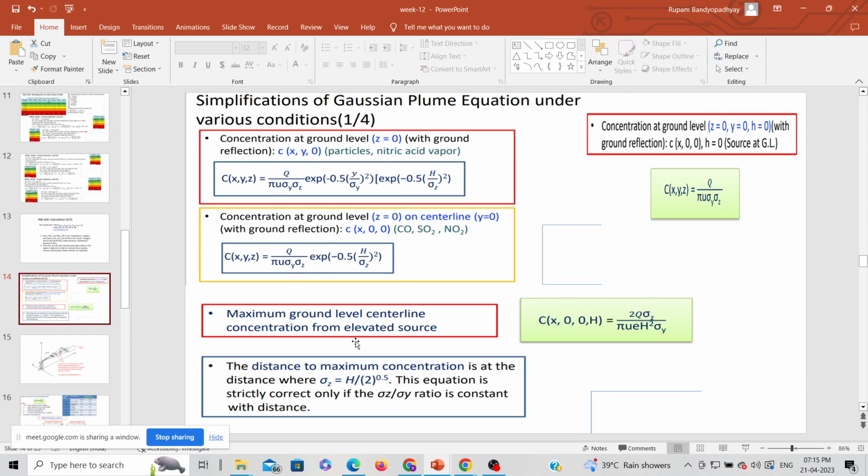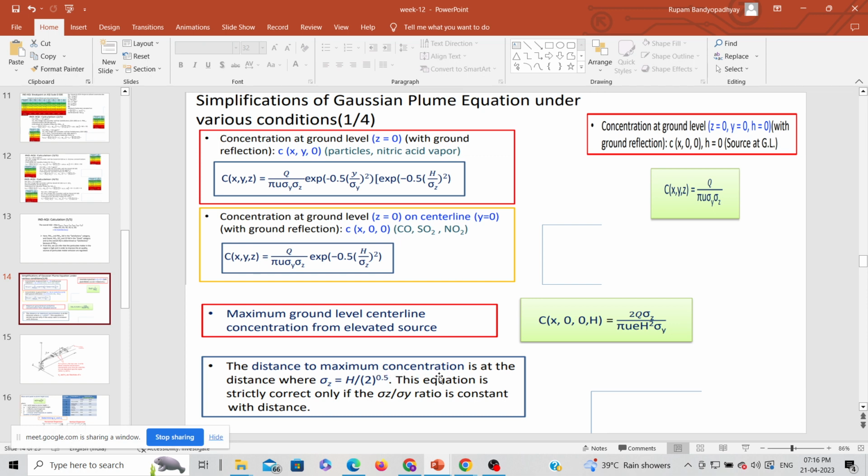And for the maximum ground level concentration at the center line, first you have to calculate the sigma z value from this equation, which is h by root 2, where h is the stack height. Suppose it is asked to calculate the maximum ground level concentration.